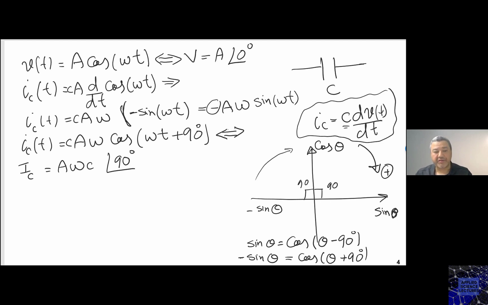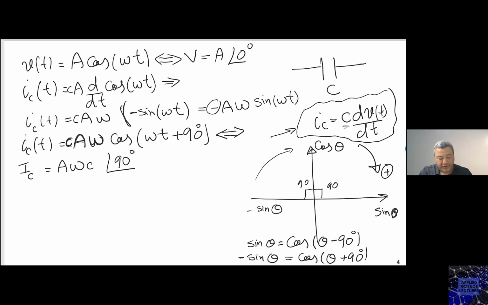So this is the current in phasor representation, right? Is that omega times C or omega of C? Omega times C. A omega C. So this is the new amplitude for the current after taking the derivative of the voltage signal, right?